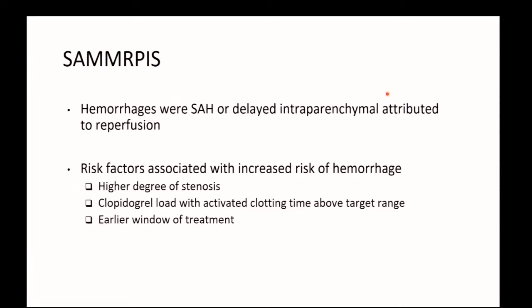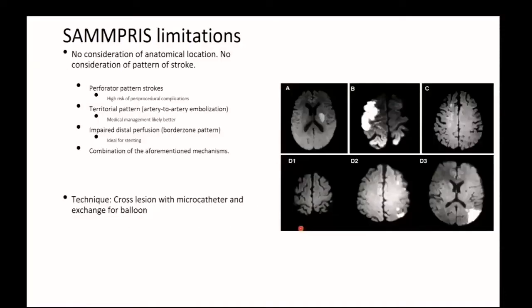Risk factors associated with hemorrhage were a higher degree of stenosis, clopidogrel load before the procedure with the activated clotting time above the target range, and an earlier window of treatment, which is a very important point as well. The mean time from randomization to doing the stent was just 7 days in the SAMMPRIS trial.